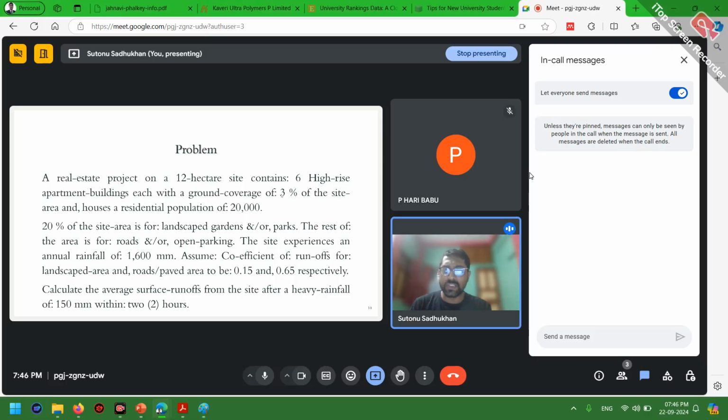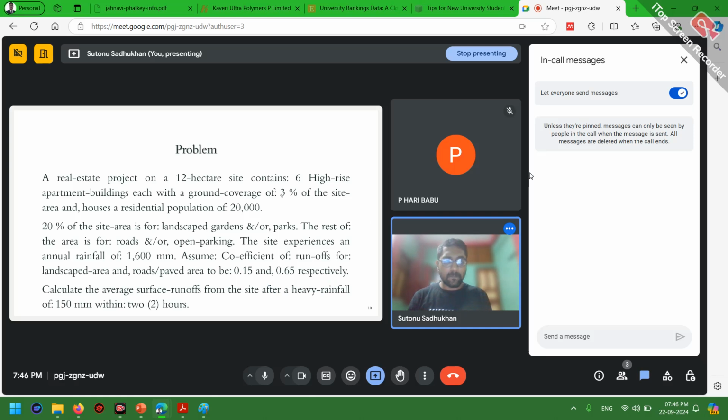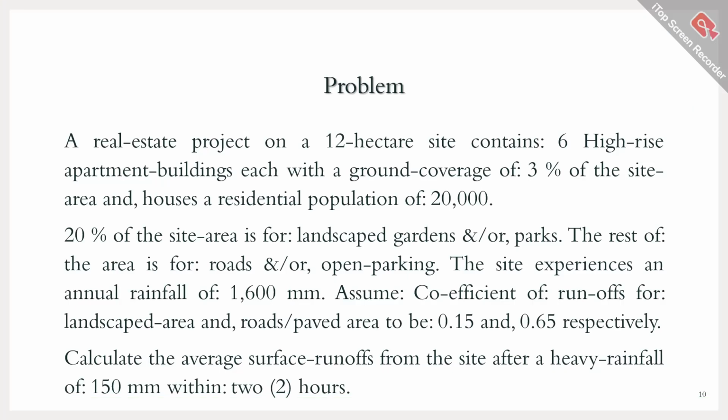Why is the coefficient of runoff more in case of road as compared to the landscape area? So the reason is basically, in case of roads or paved area, the ground is cemented, or covered by bitumen or whatever means.